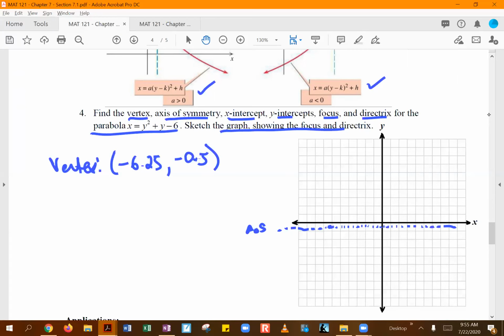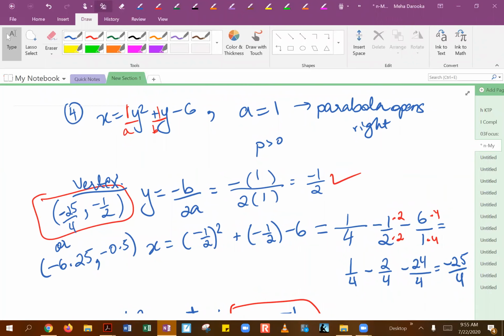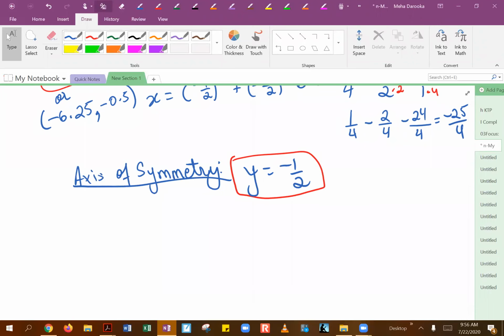And do we have enough information for our equation yet? Well, actually, we do have an equation in this example. So we can find our x and y intercept. So let's do that first. For our x-intercept, we would need to make our y value 0.